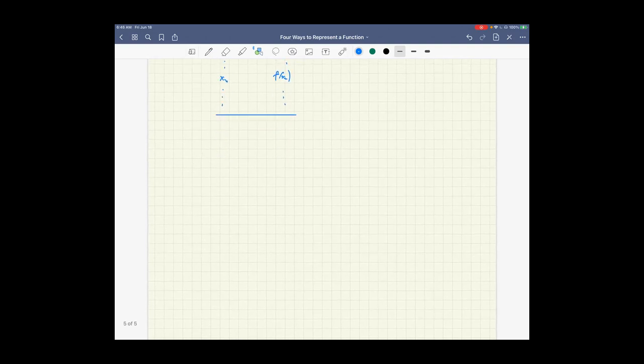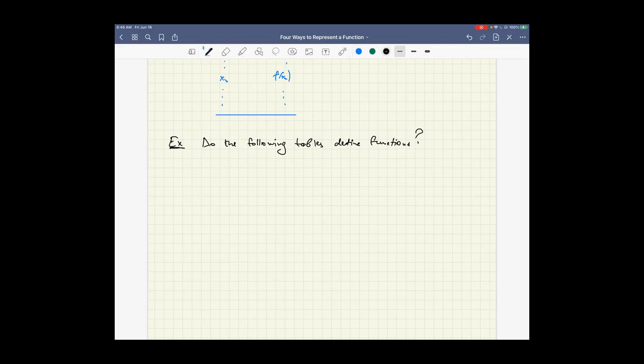And here is an example. The question is asking, do the following tables define functions? The first table is this.